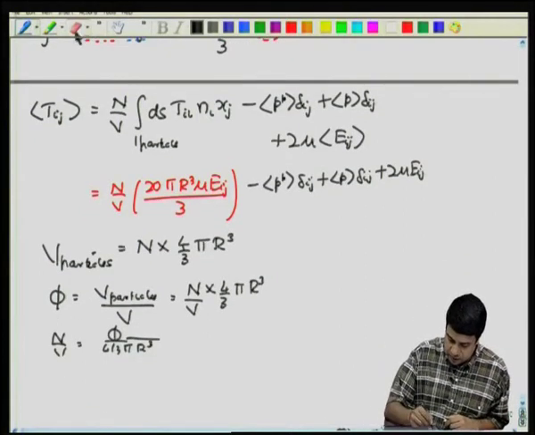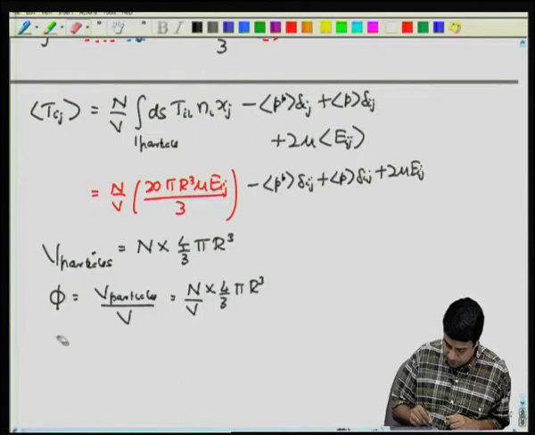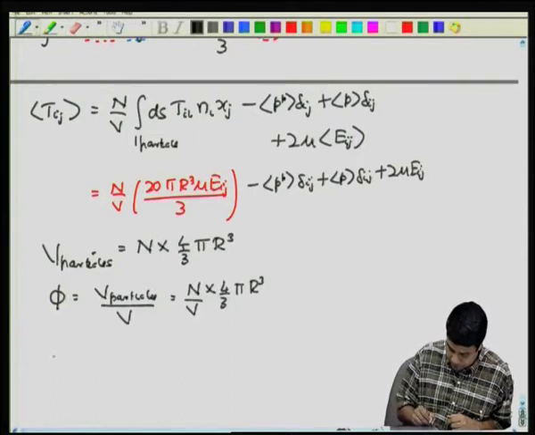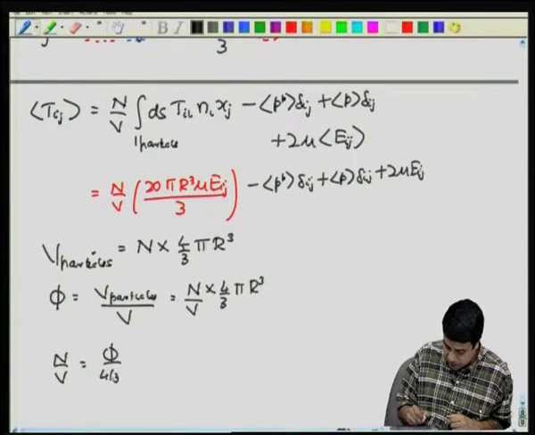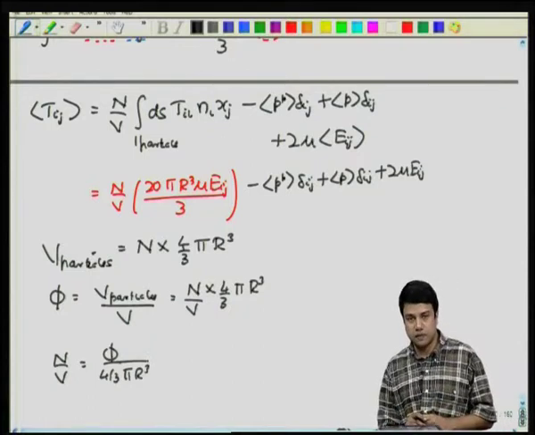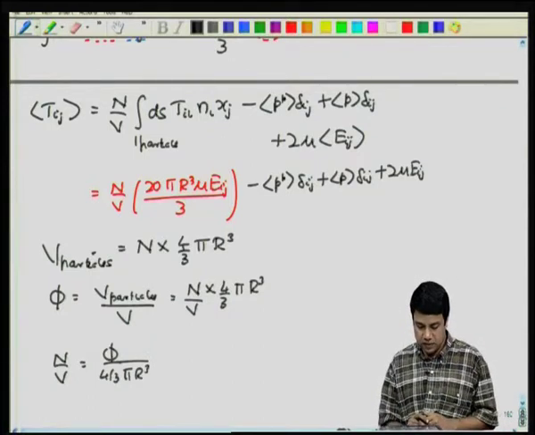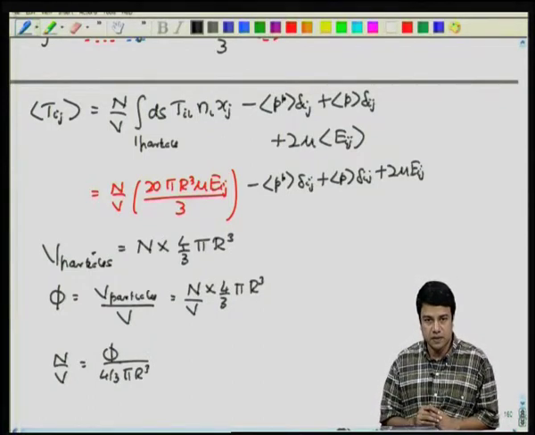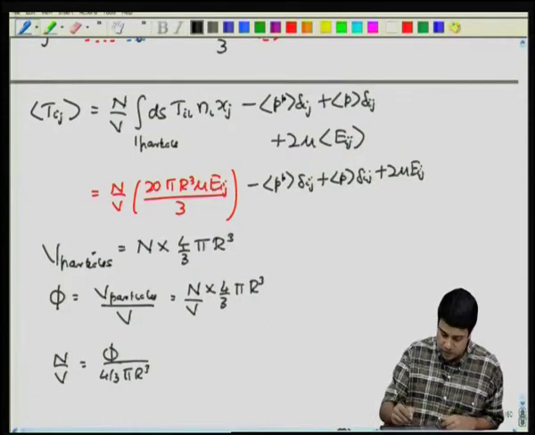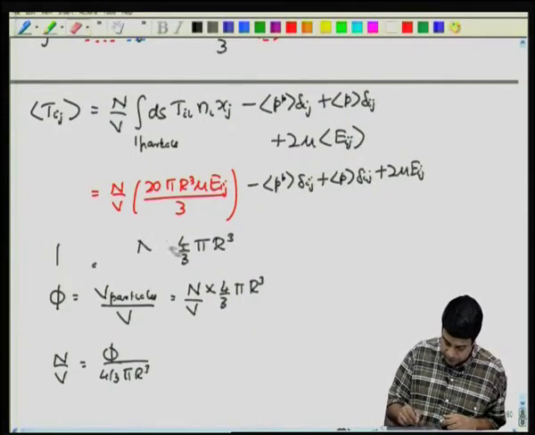Let me just write that more clearly for you. N by v is equal to phi by 4 by 3 pi r cubed, where phi is the volume fraction. So, I can substitute for n by v in this expression, phi by 4 by 3 pi r cubed.